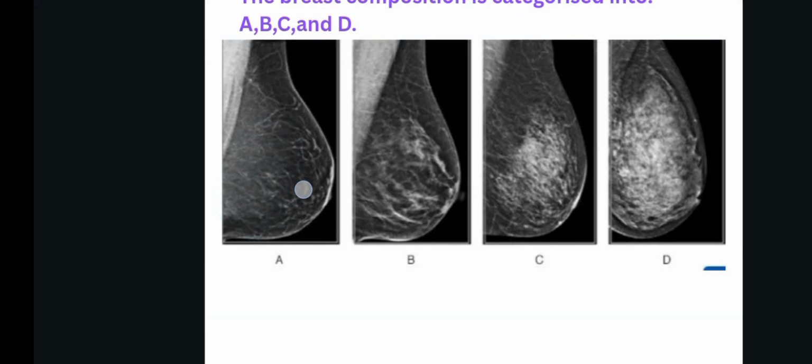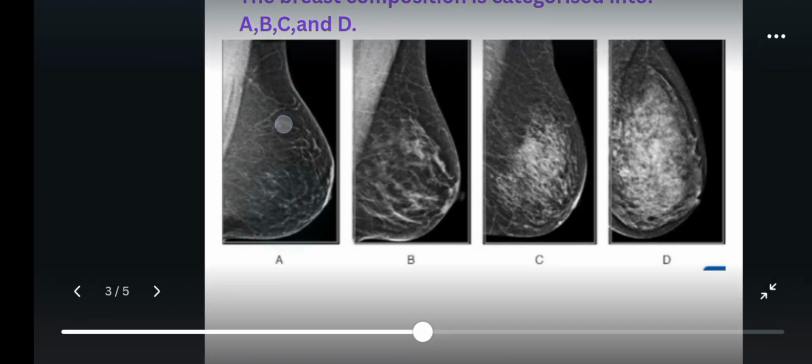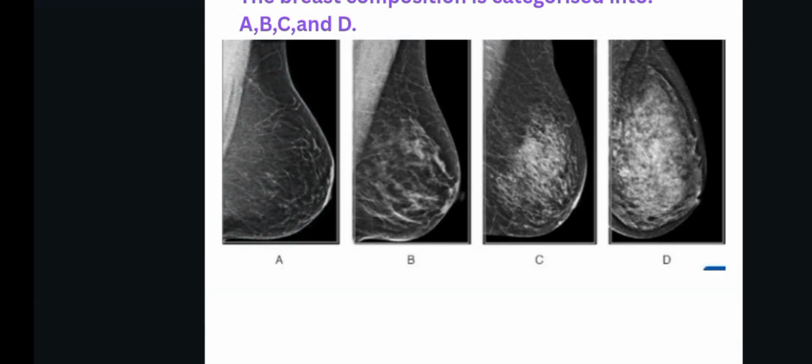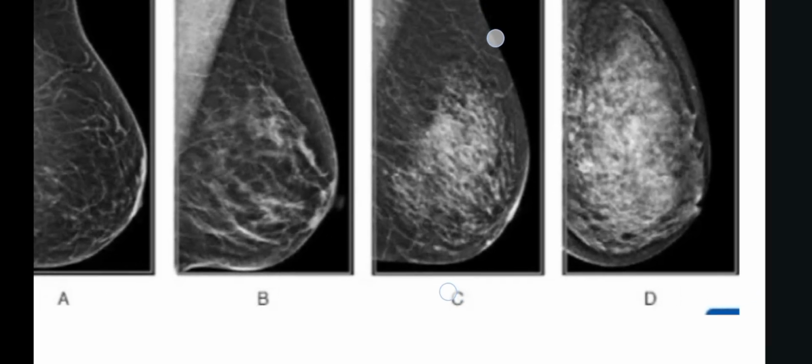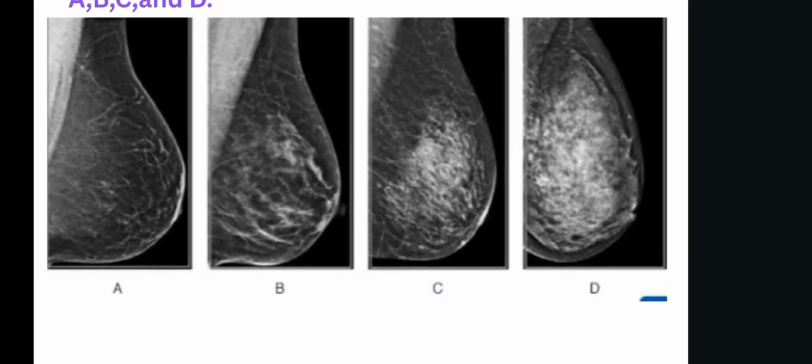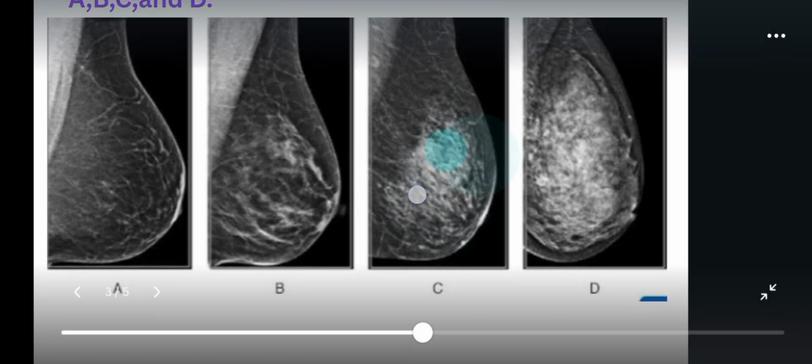You see this first one, almost all the breast tissues are fatty. Then the third one, which is C, contains about 50 to 75% glandular and connective tissue, these white areas. Then the rest of the black areas is the fatty tissue.